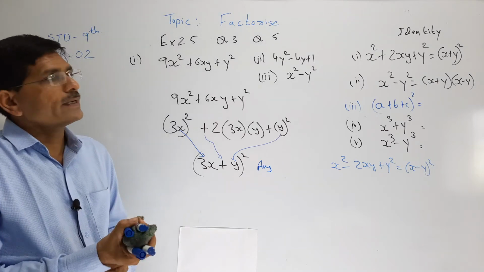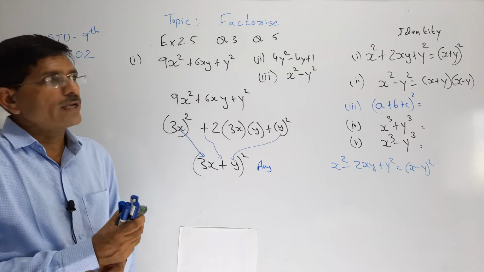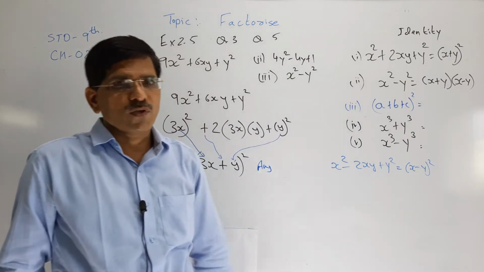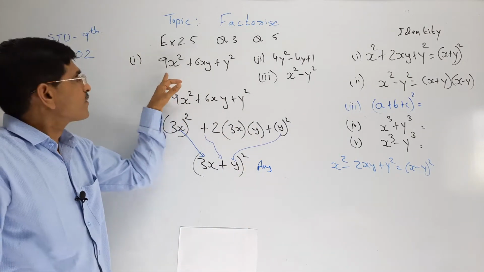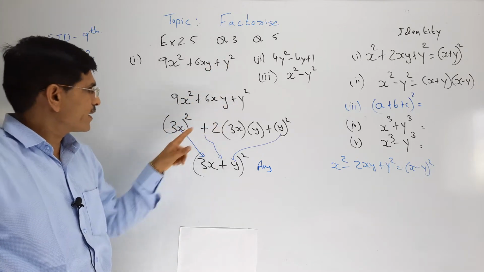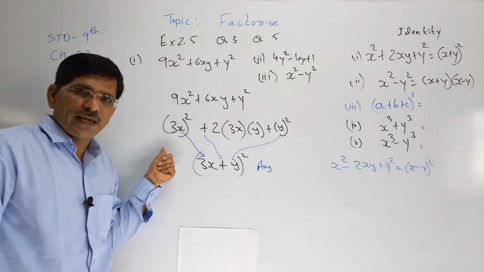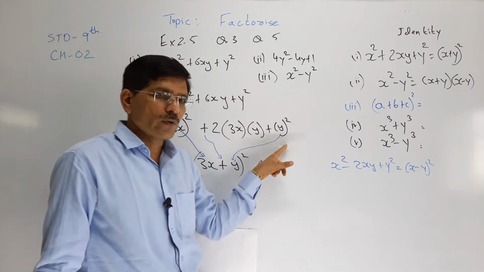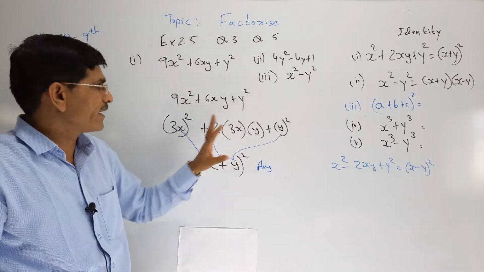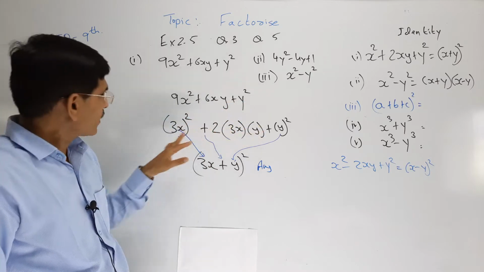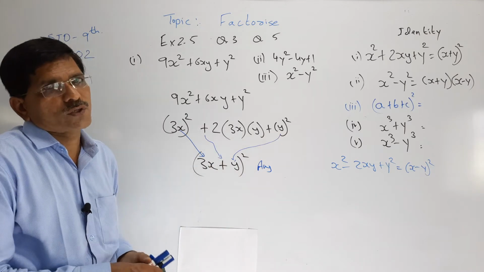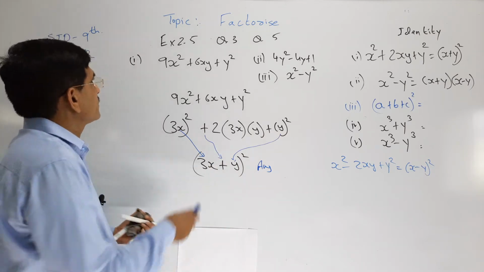Again I dictate the identity: x square plus 2xy plus y square, the answer is x plus y whole squared. The same question here: 9x square plus 6xy plus y square. 9x square is the square of 3x, so 3x whole squared. y square is the square of y, plus 2 in bracket 3x and y. Now this is removed, and we write directly 3x, and from here y, so 3x plus y whole squared. That is the first sum.